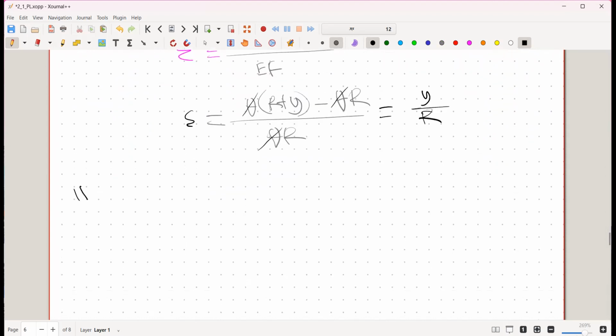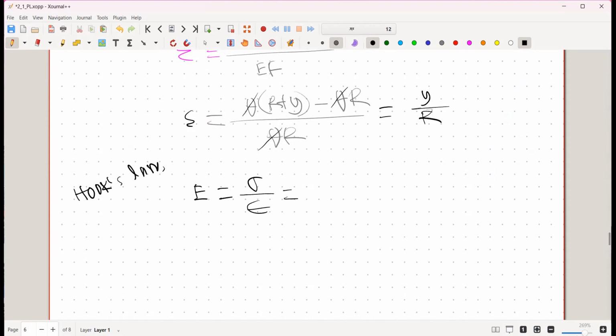Now from Hooke's law, we know stress is proportional to strain, and we can say the Young's modulus is equal to stress over strain.